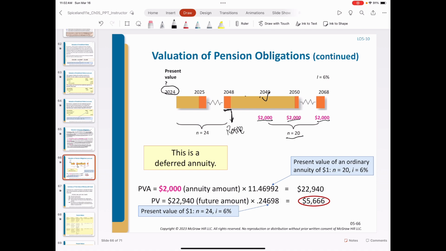The question asks what amount of cash the company contributes at the ending of 2024, in the year when she was hired. So first, we calculate the present value of this annuity at the beginning of 2049 or at the end of 2048.